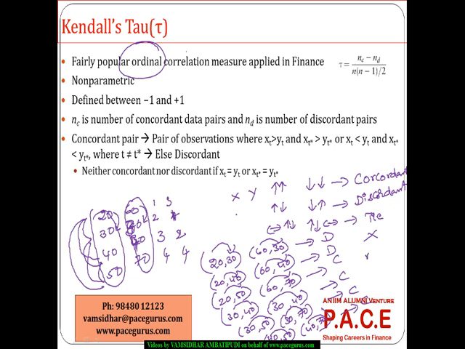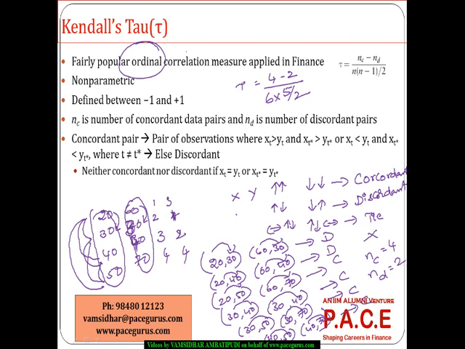So in this, we have NC, the total number of concordant pairs, as 4. ND, the total number of discordant pairs, is 2. So from here, we are trying to compute Kendall's tau, which comes out as the number of concordant pairs minus the number of discordant pairs divided by the total number of pairs. We have 6 pairs altogether, n into n minus 1 by 2.